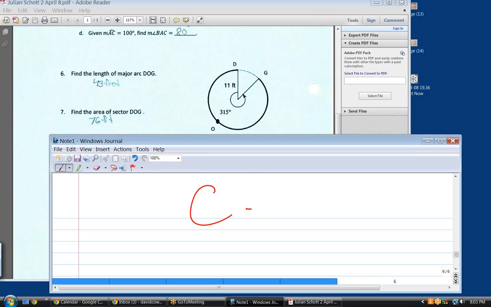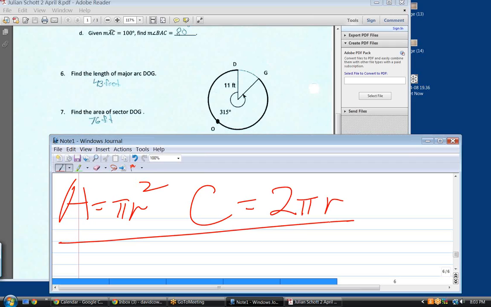What's the general formula for circumference? Pi r squared. It's area. A equals pi r squared. Remember, it's the same 3 numbers, they're just in different order. 2 pi r.